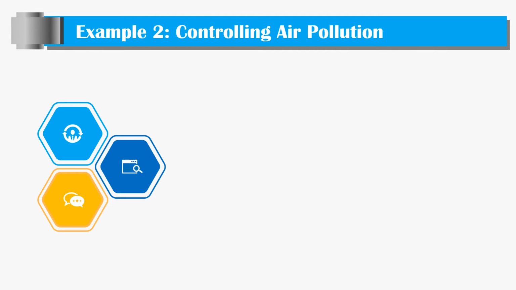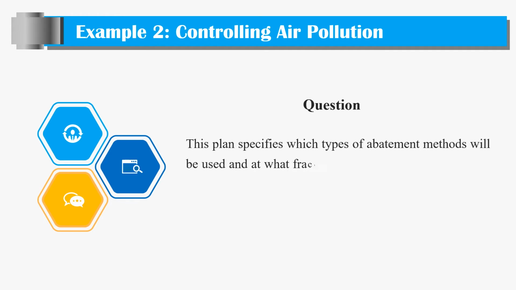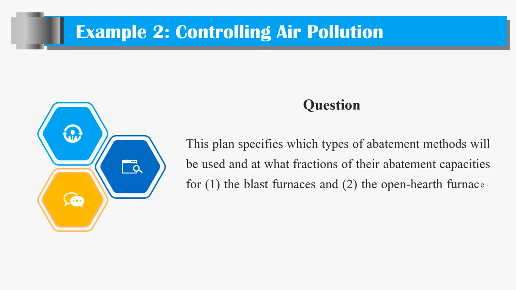Now, in this problem, we have the question. This problem specifies which types of abatement method will be used, and at what fraction of their abatement capacity, for 1, the blast furnace, and 2, the open hearth furnace, to meet the requirements with the smallest possible cost.